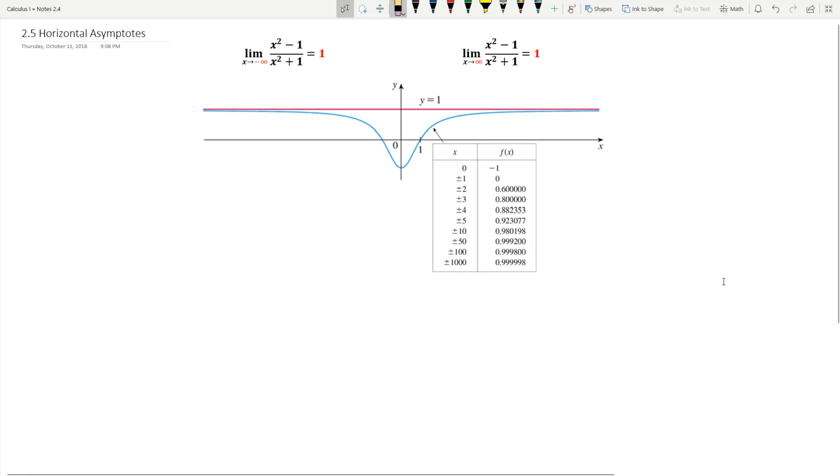So in this first example, we're just going to look at the horizontal asymptote from a basic limit of a function and some table of values.